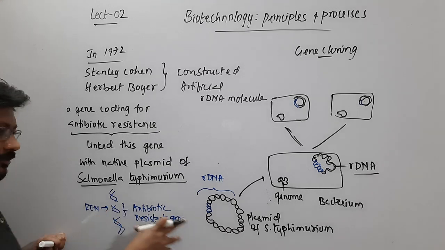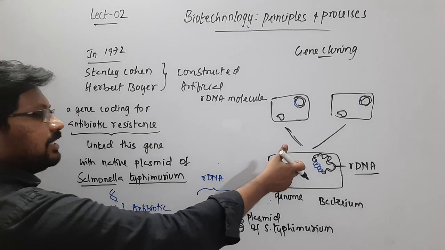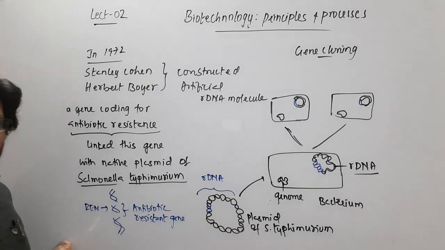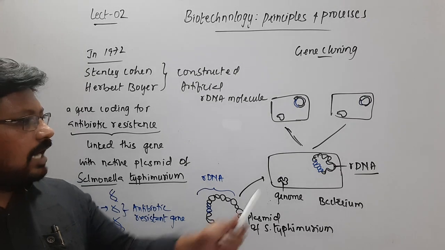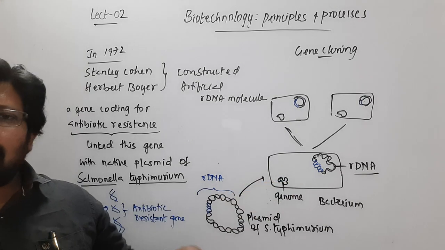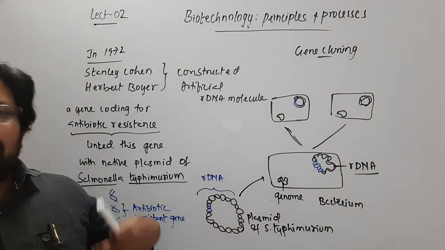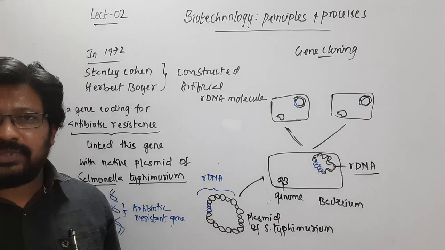After making this rDNA, I have introduced it into a bacterium and allowed that bacterium to multiply, and when it multiplies, the rDNA present inside will also get multiplied along with the bacterium, whatever the number of copies of the bacteria formed.